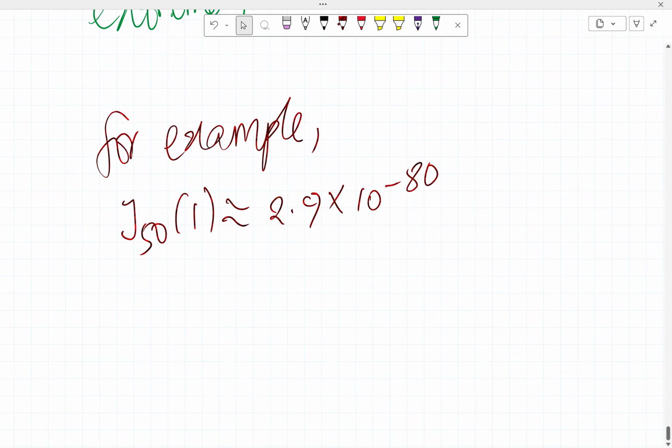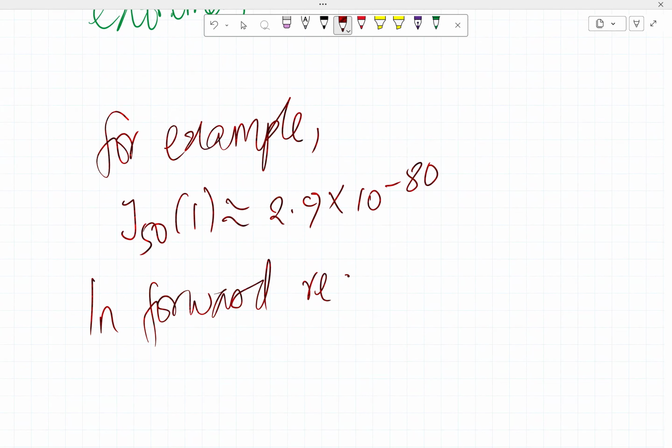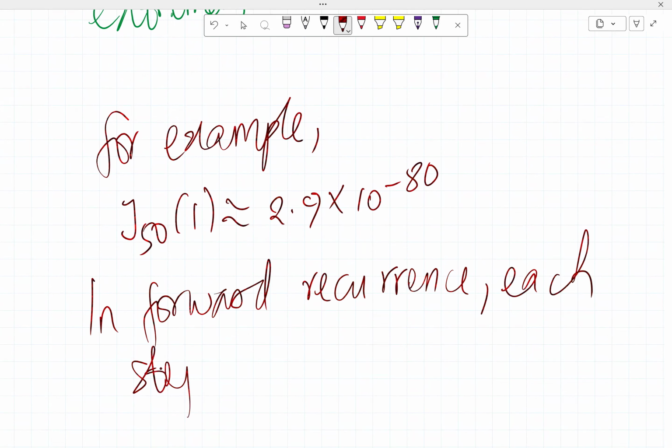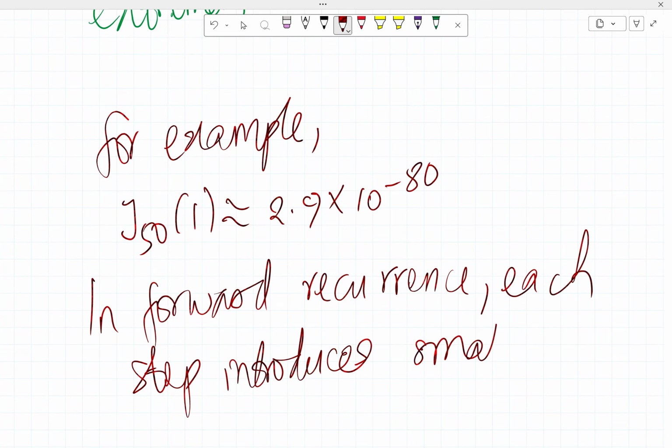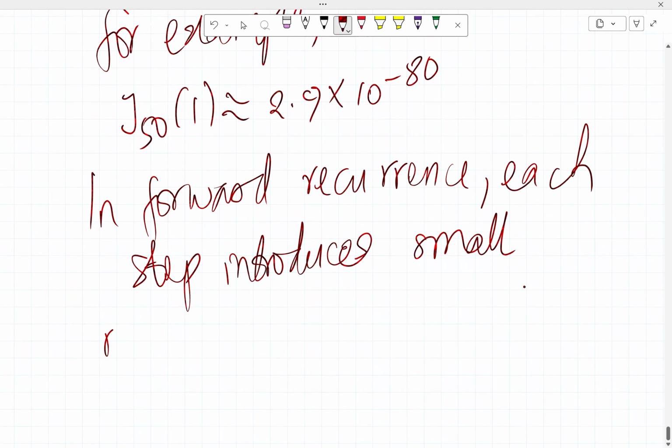That's pretty small. So in forward recurrence, each step introduces small rounding errors.